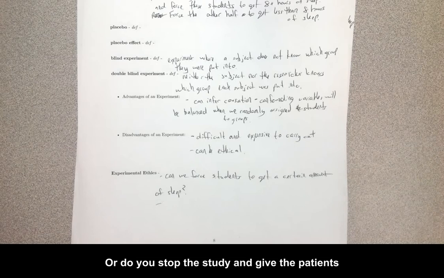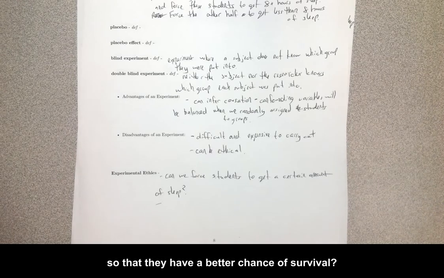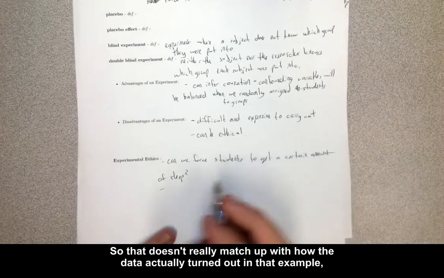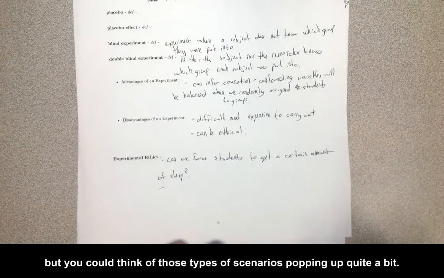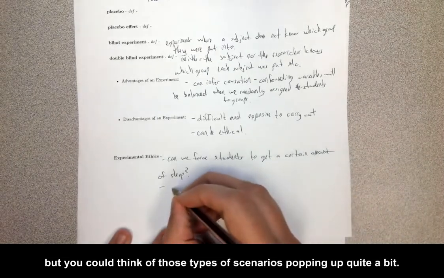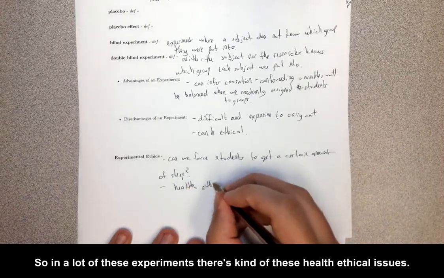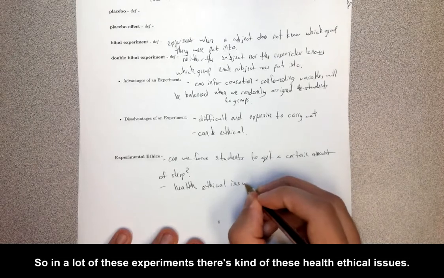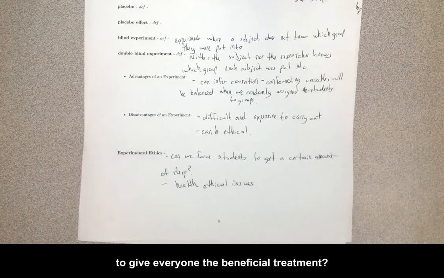Or do you stop the study and give the patients that didn't get the stent a stent so that they have a better chance of survival? That doesn't really match up with how the data actually turned out in that example, but you could think of those scenarios popping up quite a bit. In a lot of these experiments, there are health ethical issues where, if a treatment's actually working, when do you stop the experiment to give everyone the beneficial treatment?